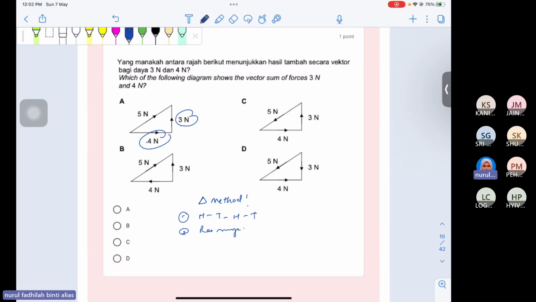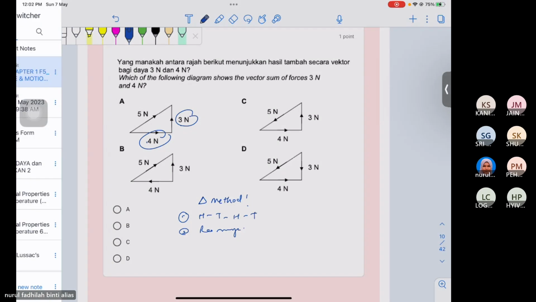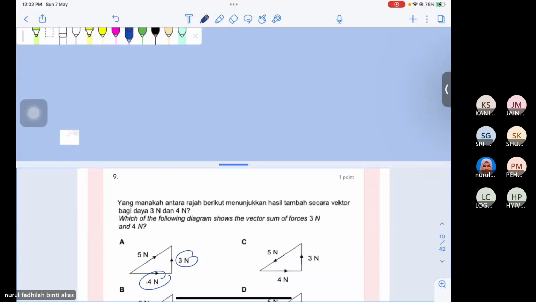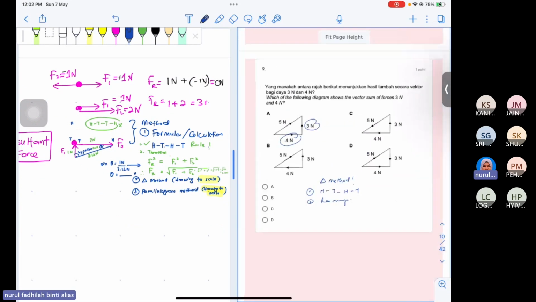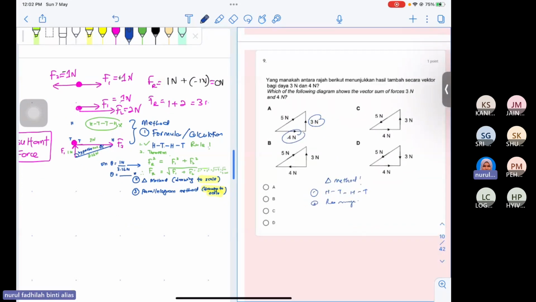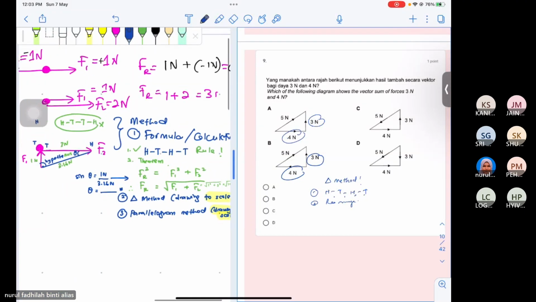Okay, B. 4 dengan 3, dia follow tak head, tail, head, tail? B dia follow tak? Yes or no? No. No, everybody sepatutnya cakap lah.